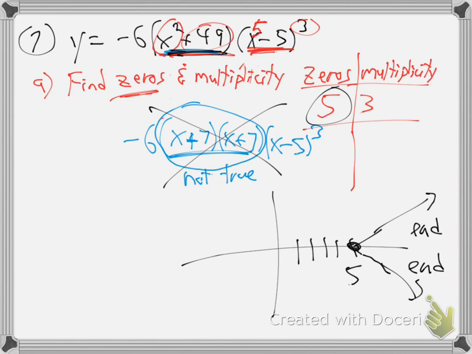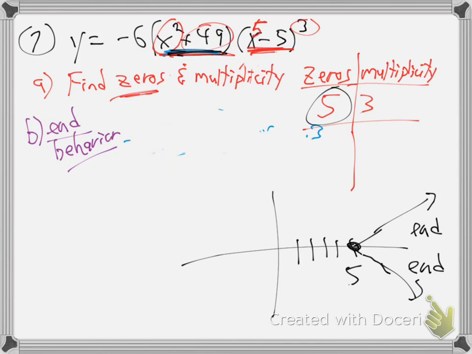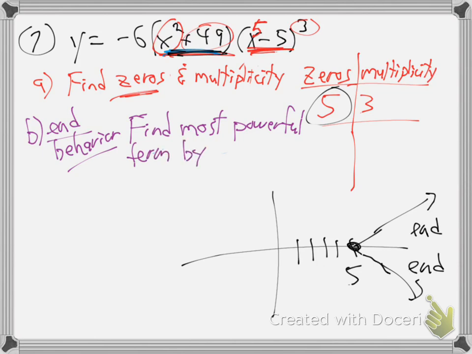Yeah, it turns out, to find the end behavior, I'll just call it part B. They actually make it part D, I think, or whatever. I think it's good to find it right now. To find the end behavior, you find the most powerful term by multiplying it out.